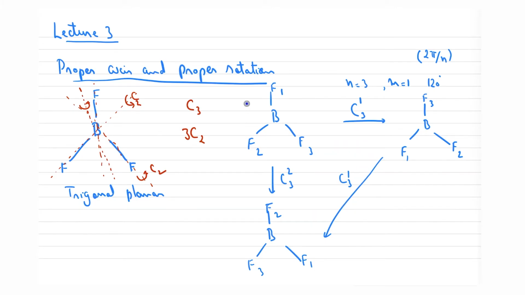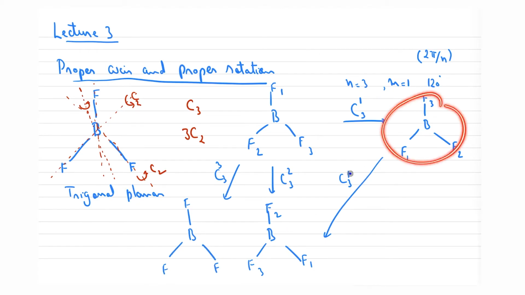If you do C3 thrice, what do you get? So let's say you also do C3 3 times. So 3 times means 360 degree rotation. So 360 degree rotation is 0 rotation, right? So you get your molecule in identical configuration instead of equivalent. So these two are equivalent configurations.